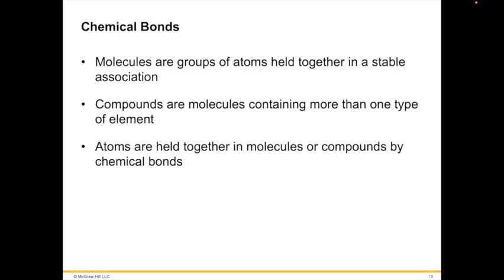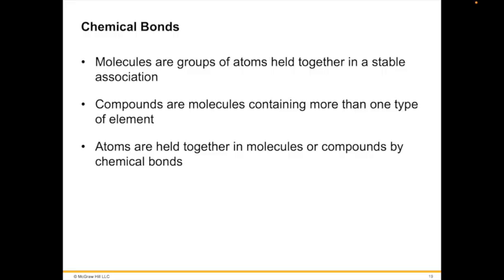A group of atoms held together by energy in a stable association is called a molecule. When a molecule contains atoms of more than one element, it is called a compound.